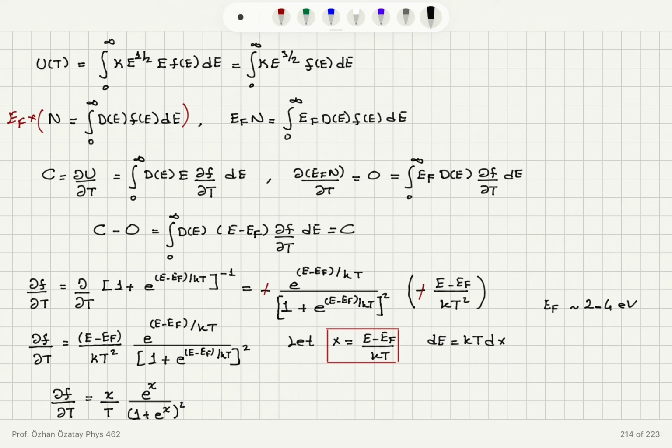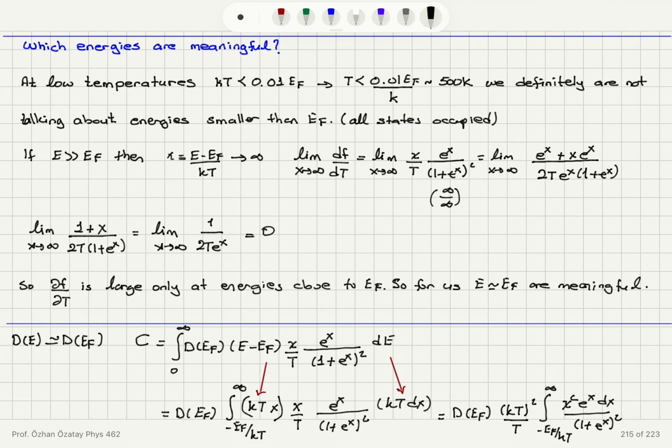This makes our calculation easier, and we have defined (E minus E_F) over kT as x, and with the simplification that the meaningful energies are close to the Fermi energy, we have replaced the density of states with a constant value at the Fermi energy.